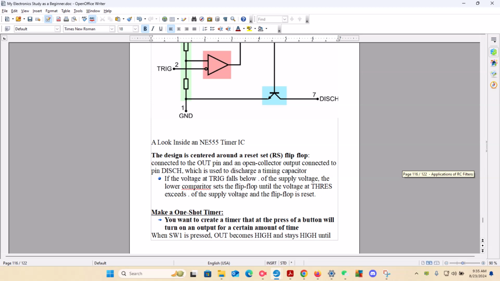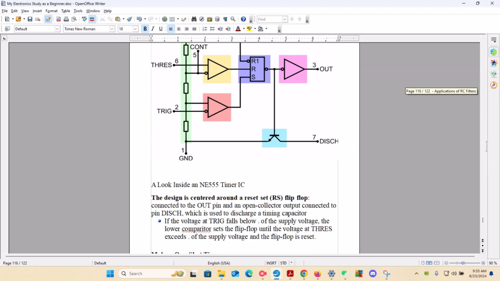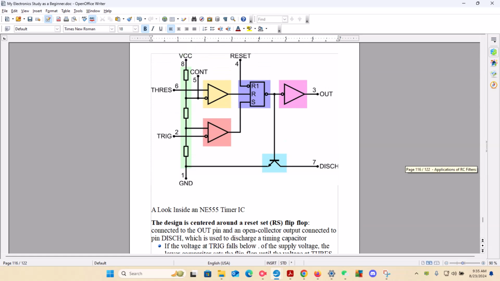Keep in mind that the design is centered around a reset, an RS flip-flop. That is connected at the out pin, which I showed you before, which is here. And an open collector output connected to pin dish. See, that's also out.